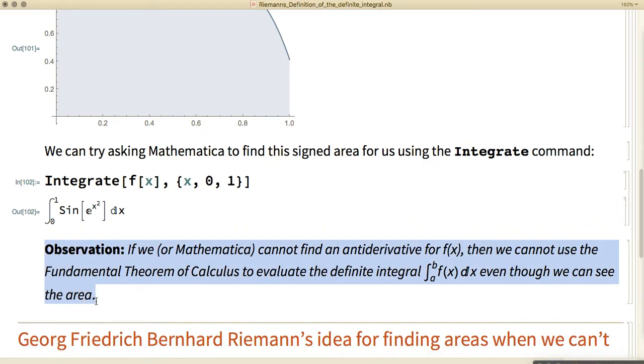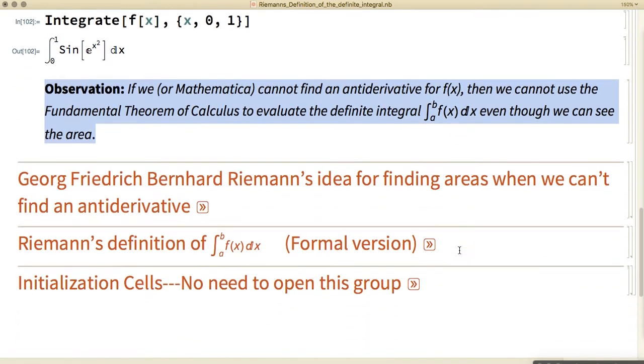And that brings up an important observation. If we or Mathematica cannot find an antiderivative for f of x, we can't use the fundamental theorem to evaluate the definite integral, even if we can see the area. So what does this mean?